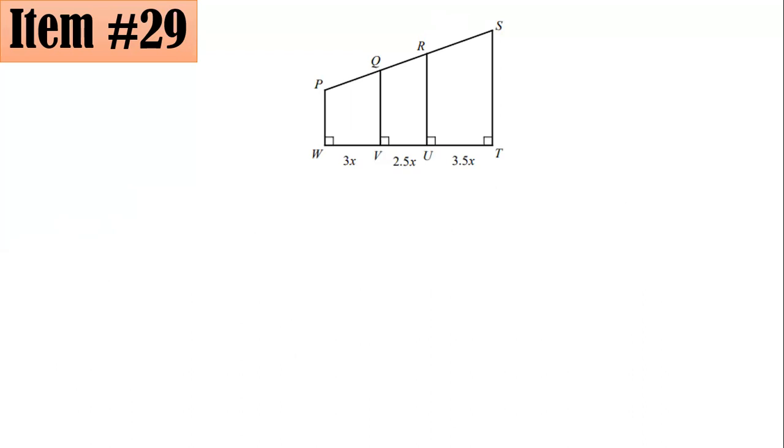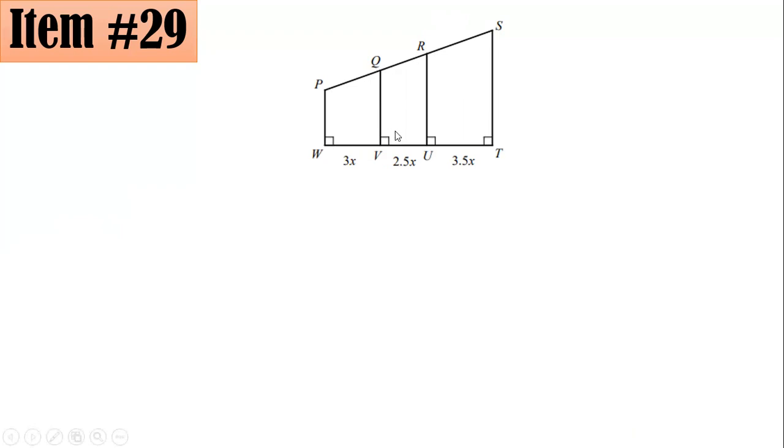From the figure here, you could actually see that you have PW, QV, RU, and ST. They are all forming a right angle with respect to this horizontal one. So this implies that they are all vertical, assuming that WT is horizontal.